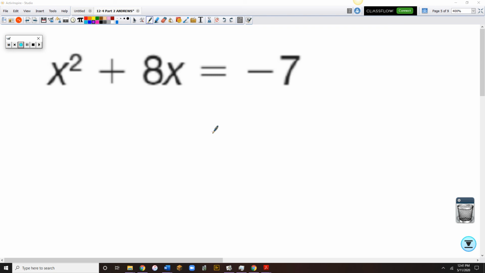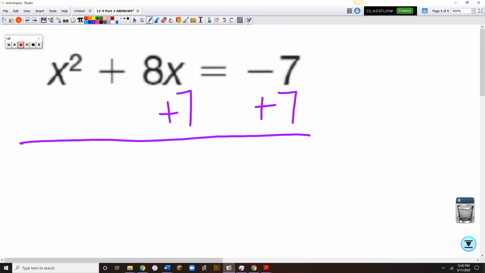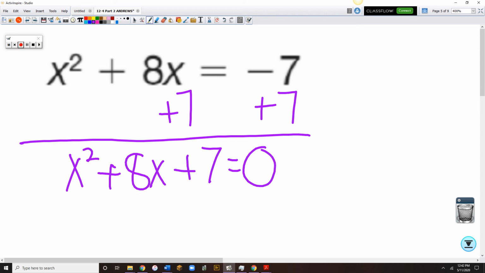Okay, so this quadratic is not set equal to 0, it's equal to negative 7. So in order to make this something we can solve, we have to set it equal to 0 by adding 7 to both sides. So x squared plus 8x plus 7 equals 0. Now this is something we can factor.